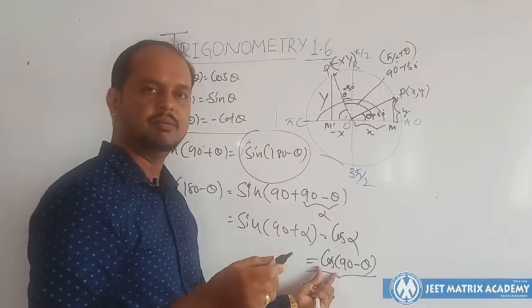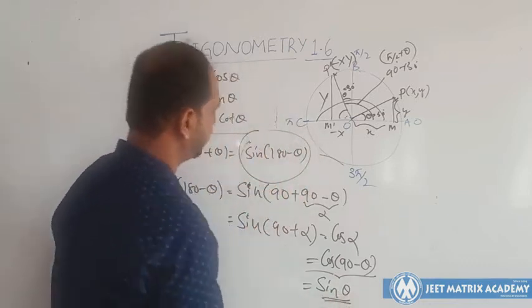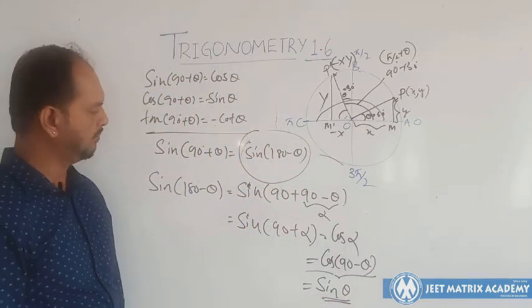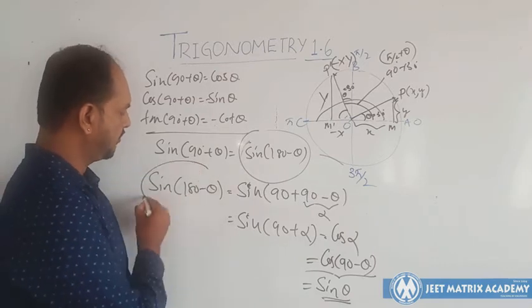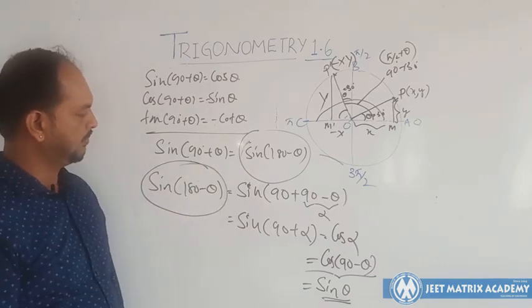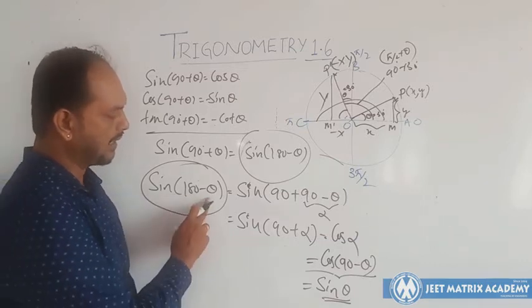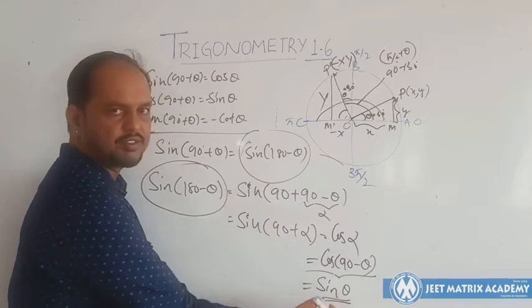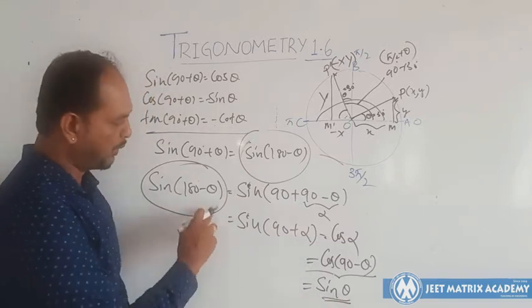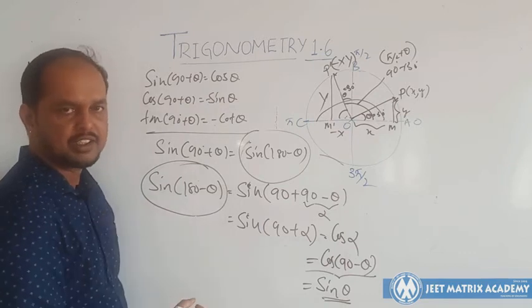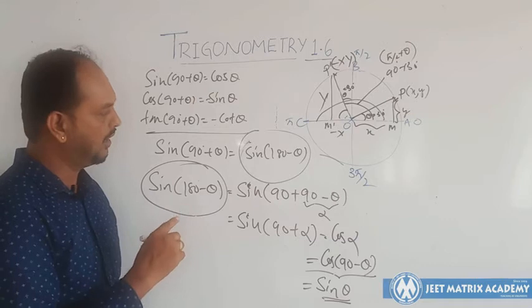Cos becomes sin θ. So in case of sin(180 − θ), it will be equal to sin θ. Now we can do the same for everything, like cos(180 − θ).